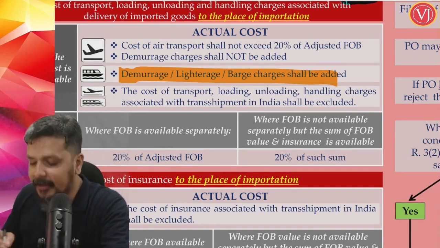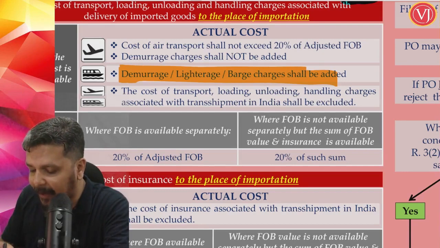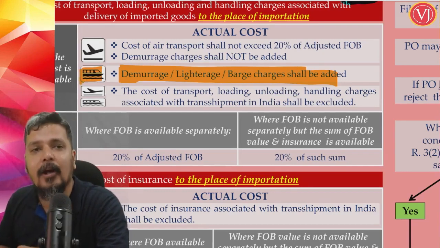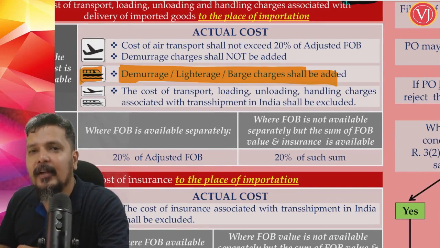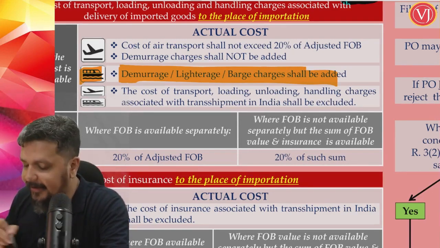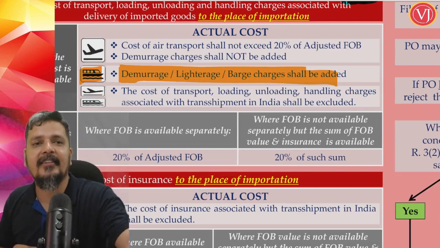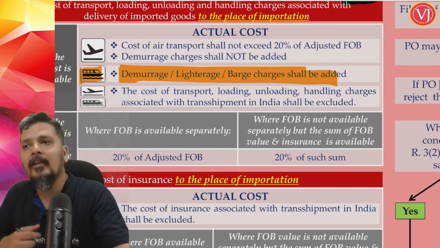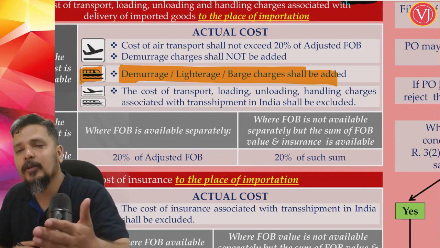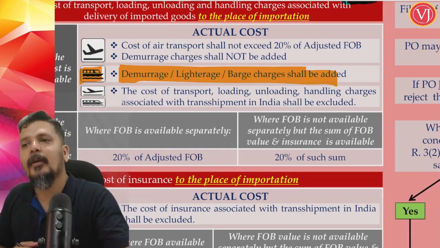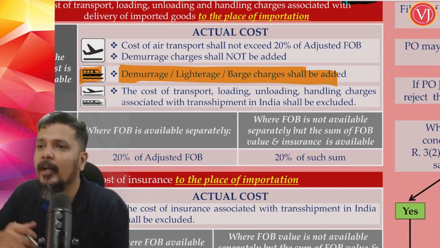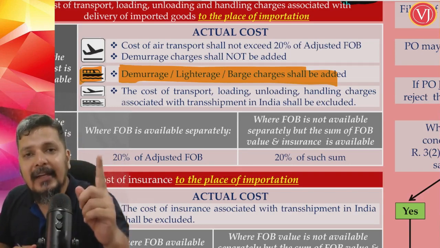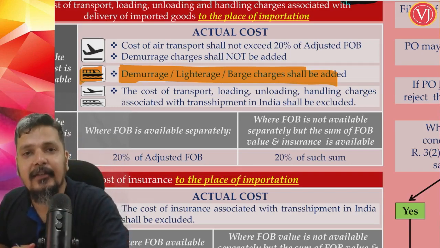These charges are only there for vessels. Demurrage charges are for waiting of the vessel. Lighterage and barge charges are for bringing the vessel to the shore, transferring the goods from mother vessel to daughter vessel and bringing it to the shore. It will be treated as freight.